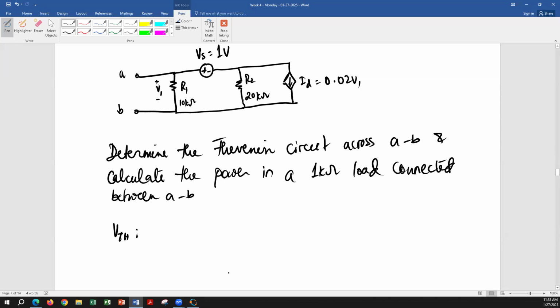Okay, from the circuit, VThevenin, which is V open circuit, which is VAB, what do you suggest we should use to find VThevenin?